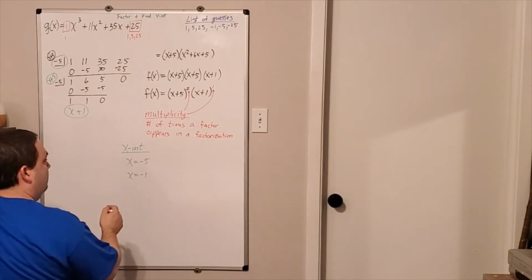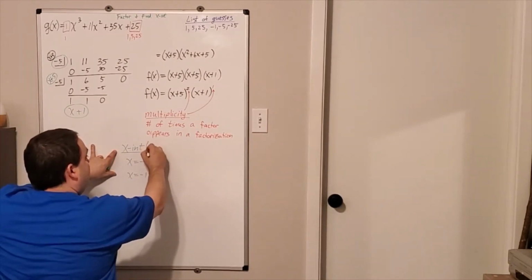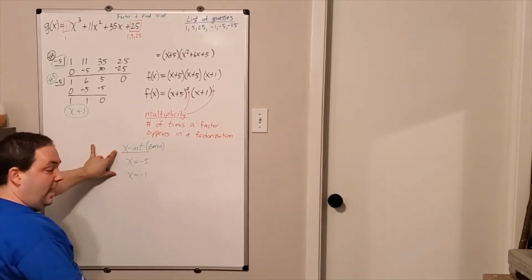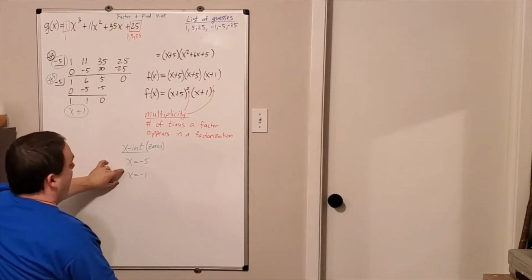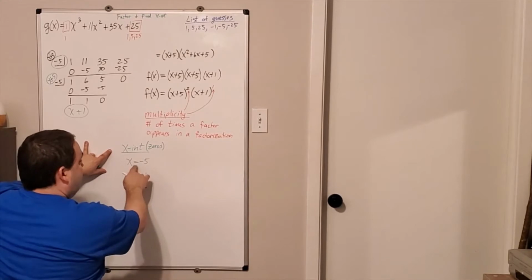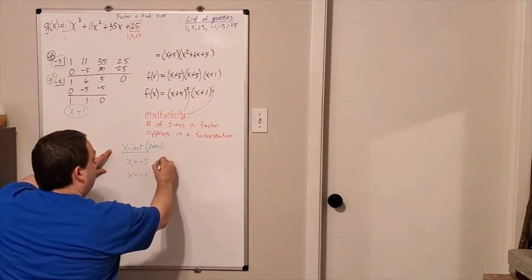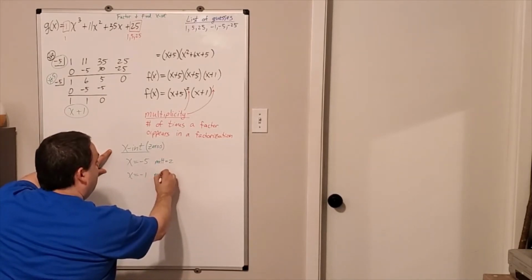Now sometimes when we're listing out x-intercepts, by the way, don't forget, the word zero is also synonymous with that. X-intercepts or zeros. When someone's listing these out, they may also give the multiplicity with them. x equals -5, multiplicity 2. x equals -1, multiplicity 1.